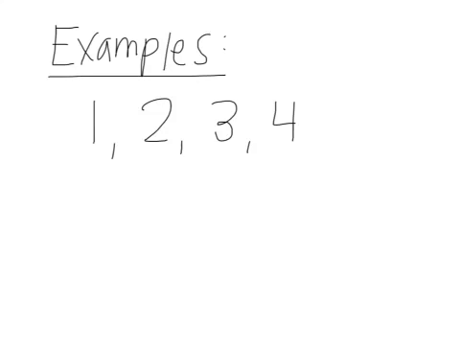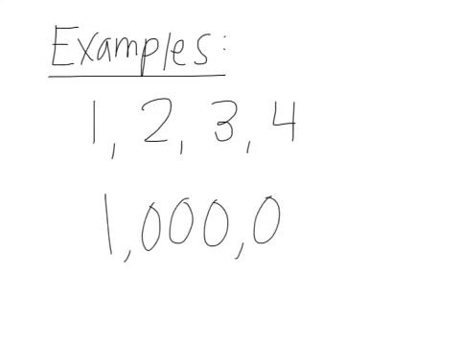Examples include whole numbers you're used to hearing, like 1, 2, 3, 4, a million. But they also include numbers you might not be used to hearing, like -1, -2, -3, -4, and -1 million.